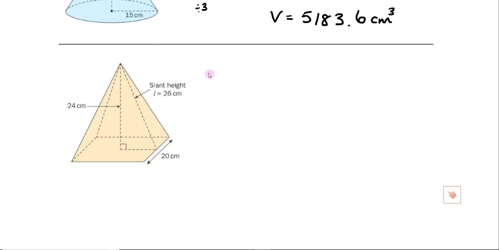Although, if you use Pythagoras' theorem to work out that, which is half of this, you will find that the 26 squared minus the 24 squared, and then square rooted gives you the answer 10. So that's 10, which means this is also 20. Okay, so that's where extra credit could have been got, but you don't necessarily need it.